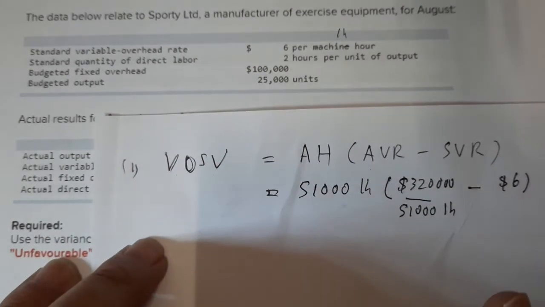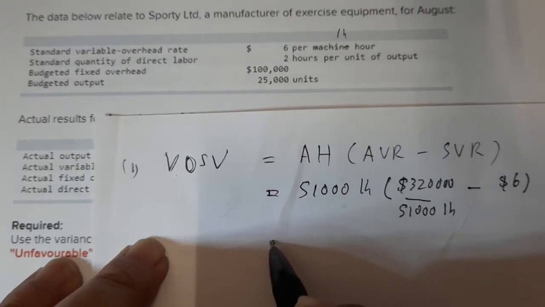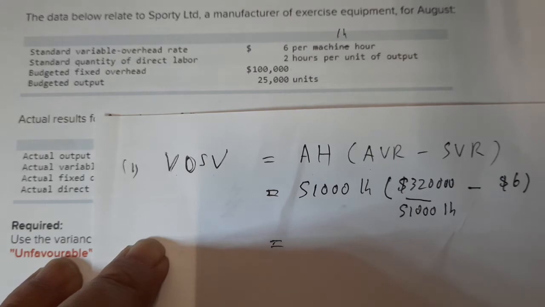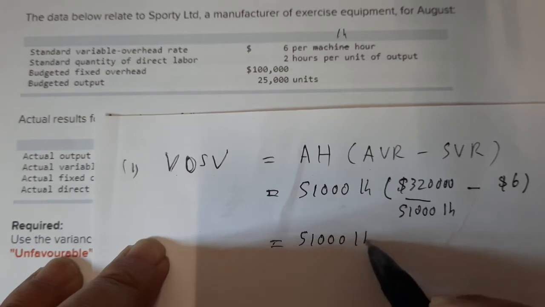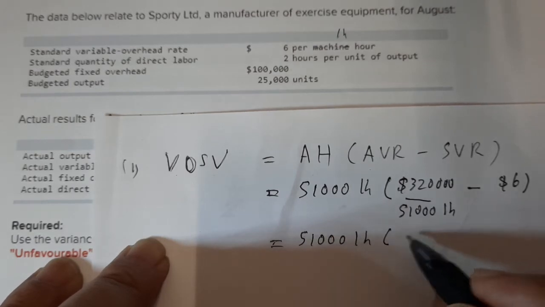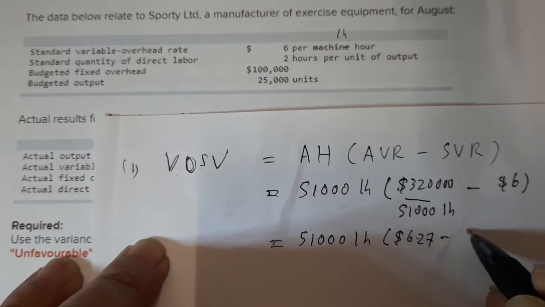So now you can calculate the variance. Use your calculator and you will see that it is 51,000 labor hours times ($6.27 minus $6).